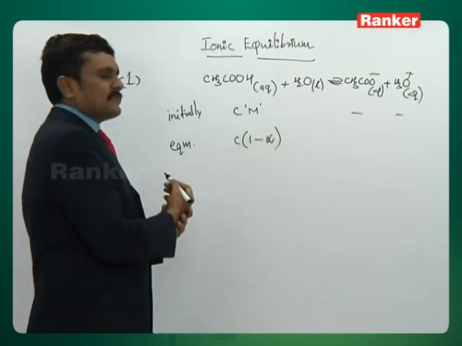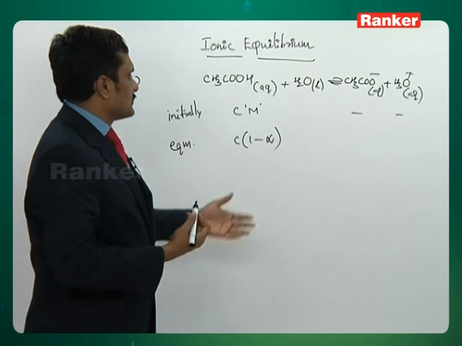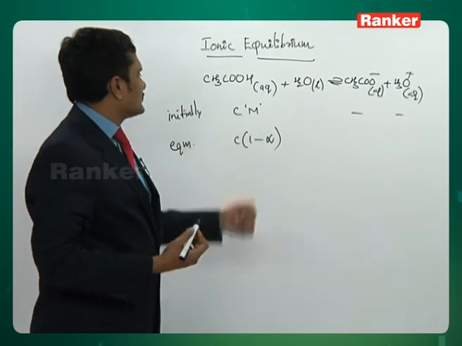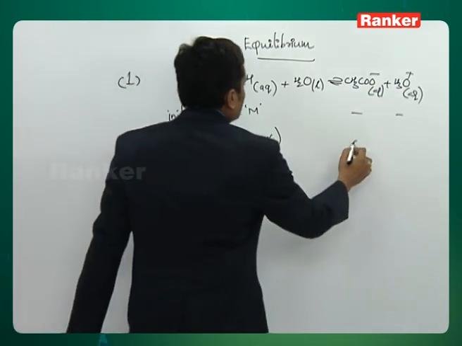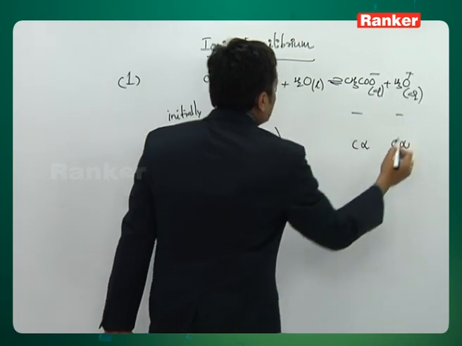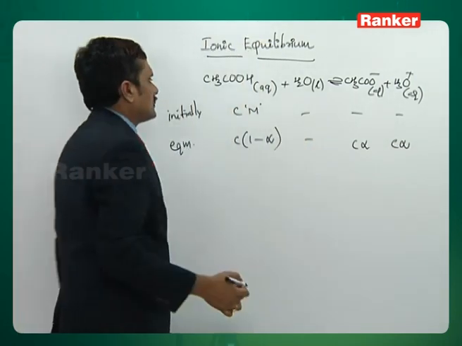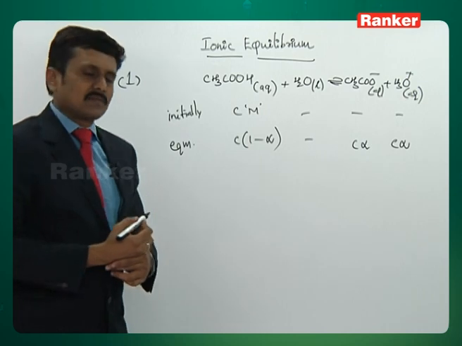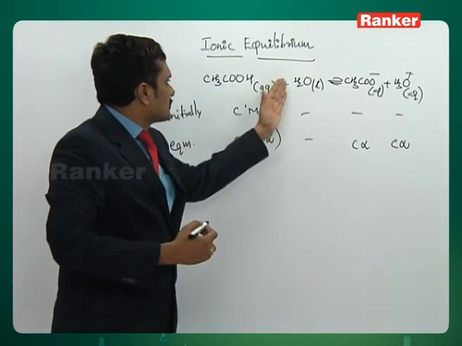Then the fraction of acetic acid remaining is C(1 minus alpha), and C alpha and C alpha moles of acetate and hydronium ion are obtained because they are reacting in a 1:1 mole ratio.